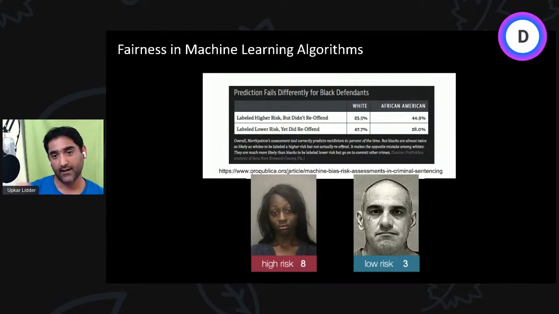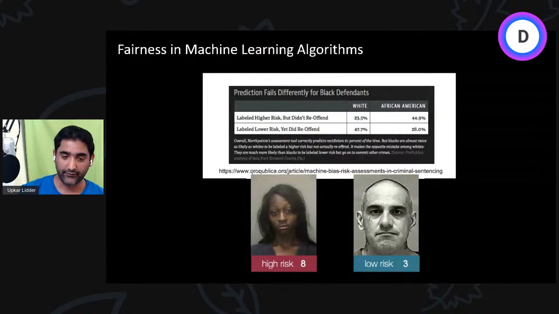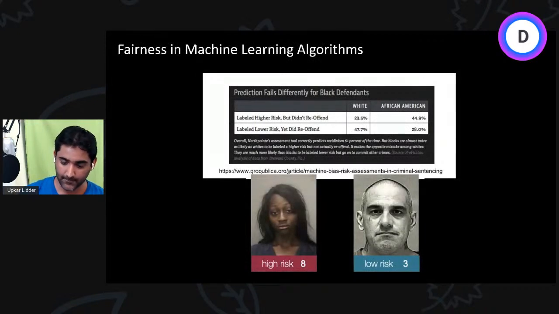So even though by that metric, the Compass algorithm was seemingly fair, if you look at another metric of fairness, like false positives, and try to balance that, then it quickly became clear that the Compass program was actually very unfair, and there was a lot of bias against African American defendants.